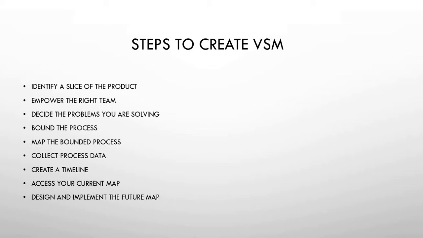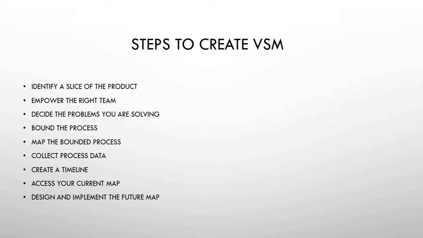Coming to the steps to create value stream mapping. These are the steps that we follow. The first is identify a slice of product, and the second one is empower the right team. The third one is decide the problems you are solving. After deciding the problems, we have to bound the process.